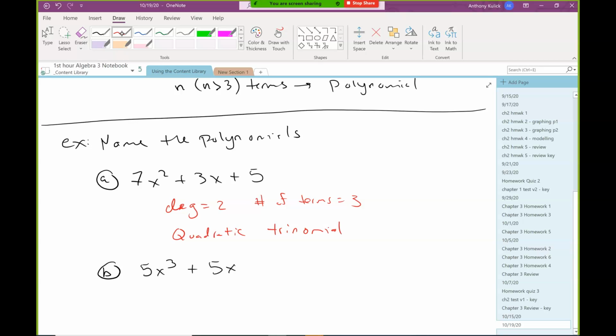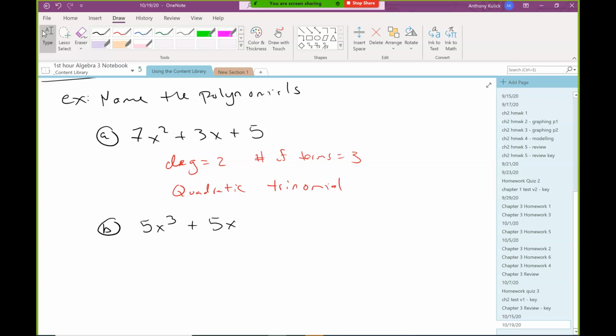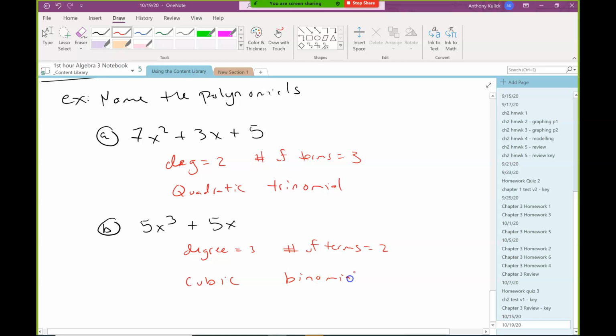Okay, so let's say we're looking at 5x cubed plus 5x. The degree here is? Good. And the number of terms is? 2. So we'd call this a cubic binomial, right? Where the degree gives us the first part and the number of terms gives us the second part.